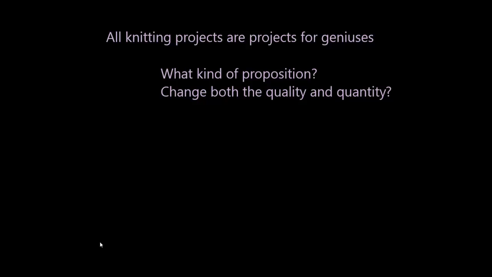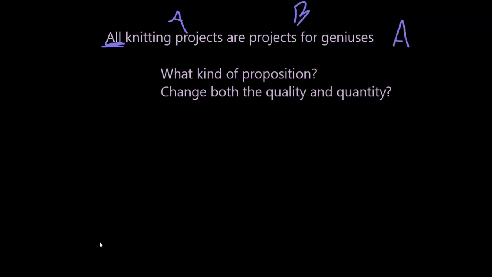We want to change both the quality and quantity after we've decided or determined what kind of proposition it is. So do both of those things. So the proposition that we have is an A proposition because it takes the form all A are B. And if we're changing both the quality and the quantity, then we need to move from a universal statement to a particular statement, because this is a universal statement.